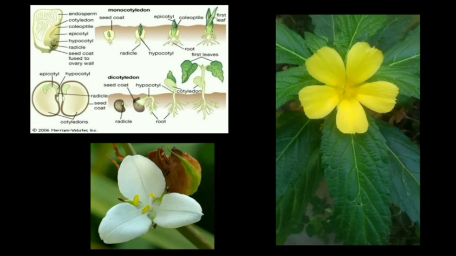They have 5 petals here, 1 2 3 4 5. They have 5 petals in the flower. And here trimerous means it consists of 3 petals. Here is 1, here is 2 and here is 3.